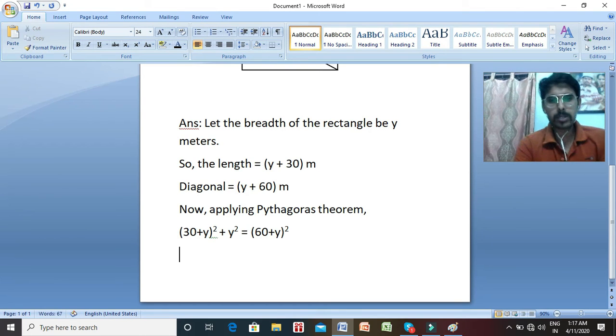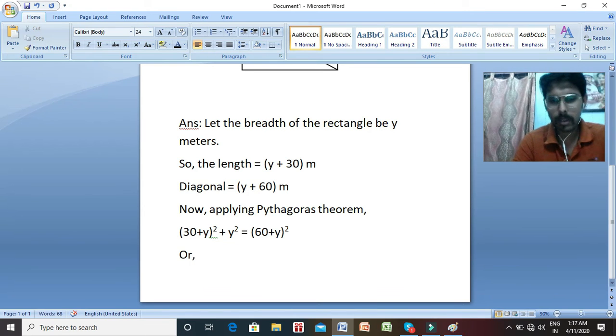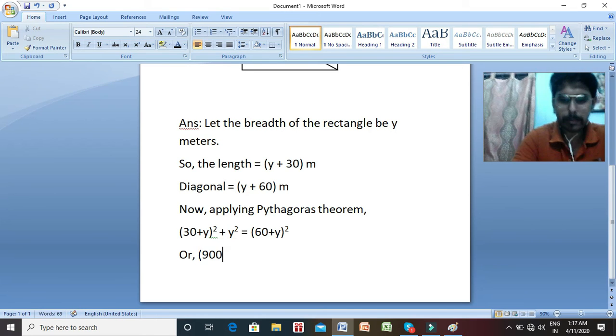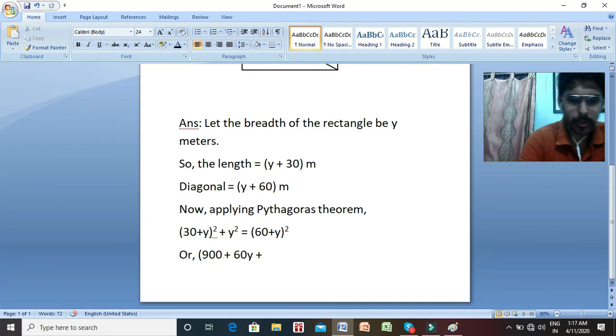Okay, now let us break it down. So if we break it down, what will happen? (30 + y) square is 900 plus 60y, which is 2ab, and lastly the y square.